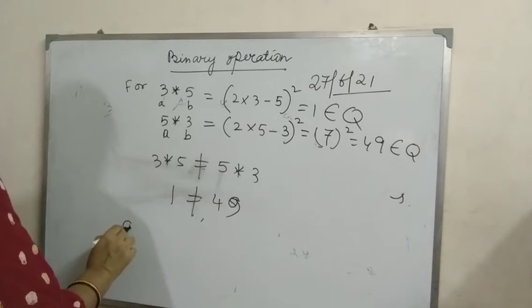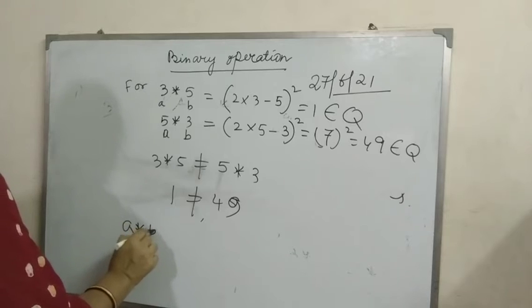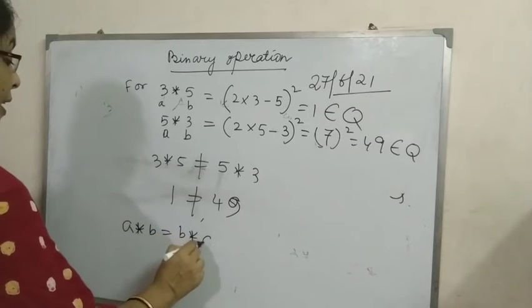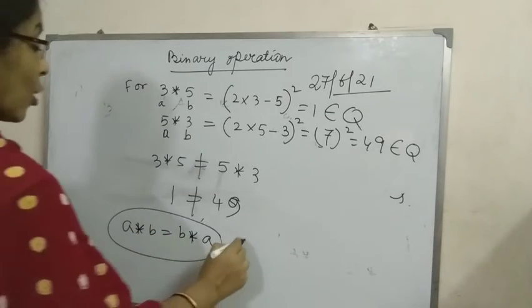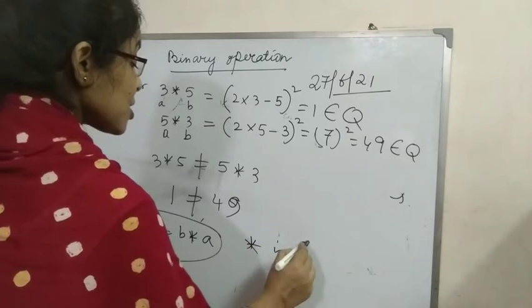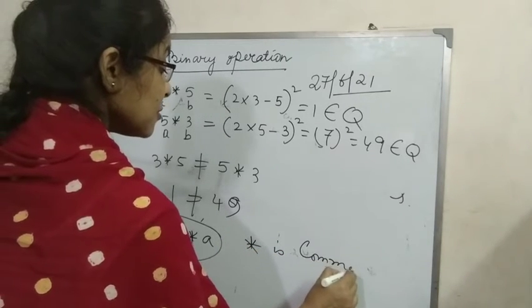I know if A operation B equal to B operation A, then the operation is commutative.